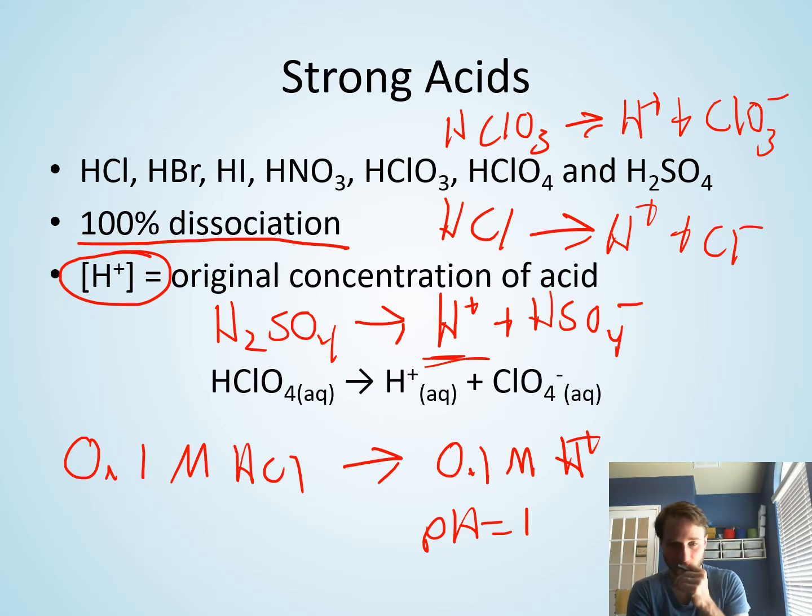So just memorize these: HCl, HBr, HI, HNO3, HClO3, HClO4, and H2SO4. Those are your strong acids. Keep them in mind, so whenever you have a problem, you can easily identify, oh, this is a strong acid, so I treat it like this in the problem, or this is a weak acid because it's not on this list.